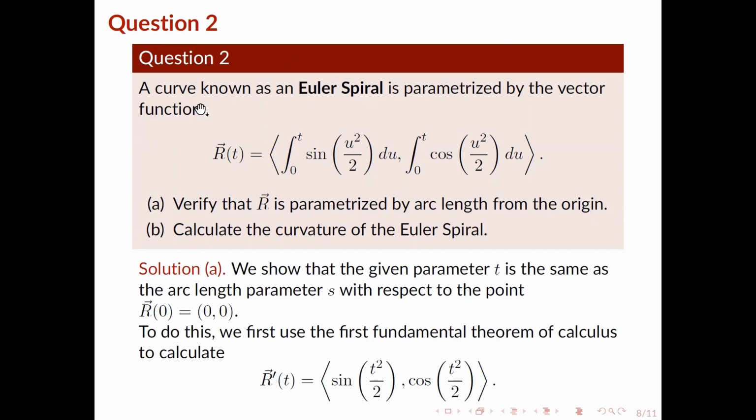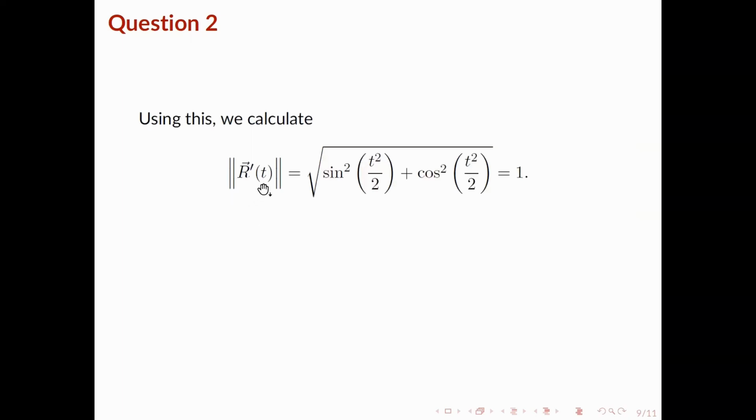Next, we take the magnitude of r prime. This is easy to simplify because this is sine squared plus cosine squared, and by trigonometry, this simplifies to 1. Next, we can find the relationship of s and t.